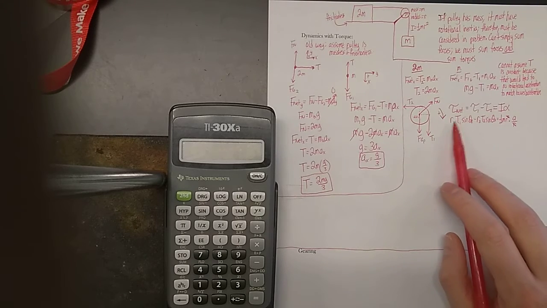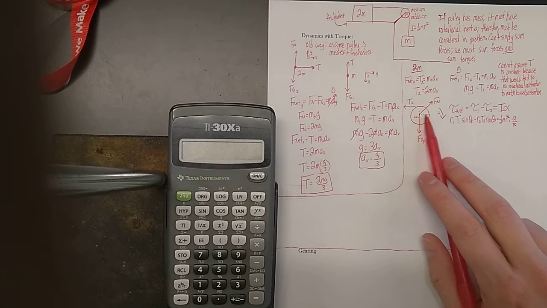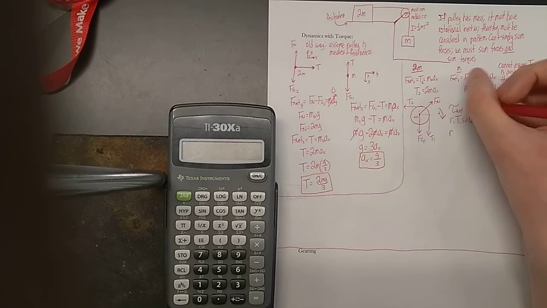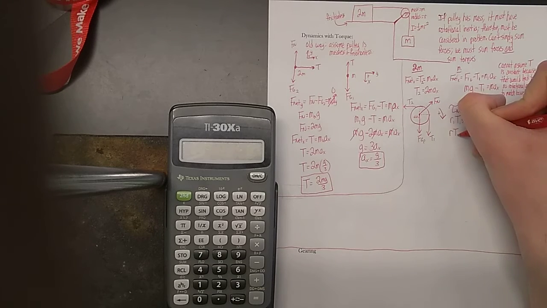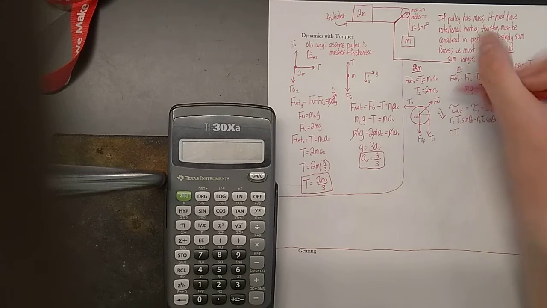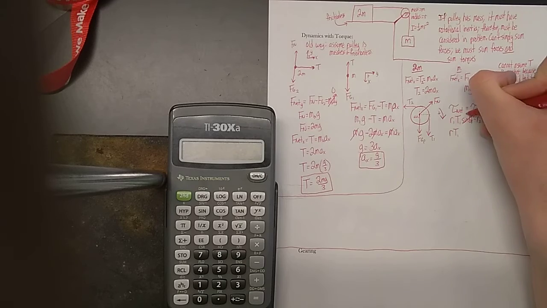Let's go back to the torques. These r's are the same. We know it's the radius of the pulley. So this is going to be r T1, and the sine theta part, that's definitely a right angle, so sine of 90 degrees is 1.